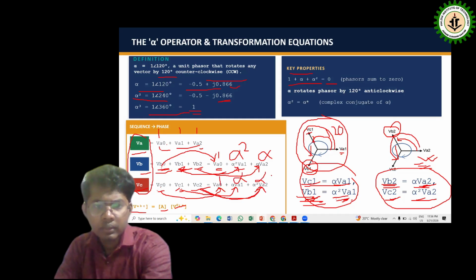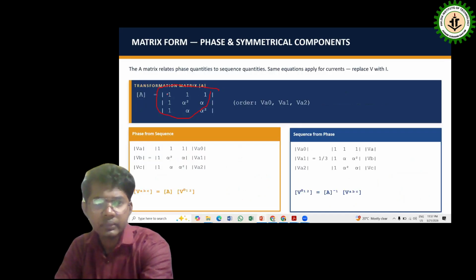So this 1, alpha square, alpha, 1, alpha square, we can write as a matrix A here. This one: 1 1 1, 1 alpha square alpha, 1 alpha alpha square.